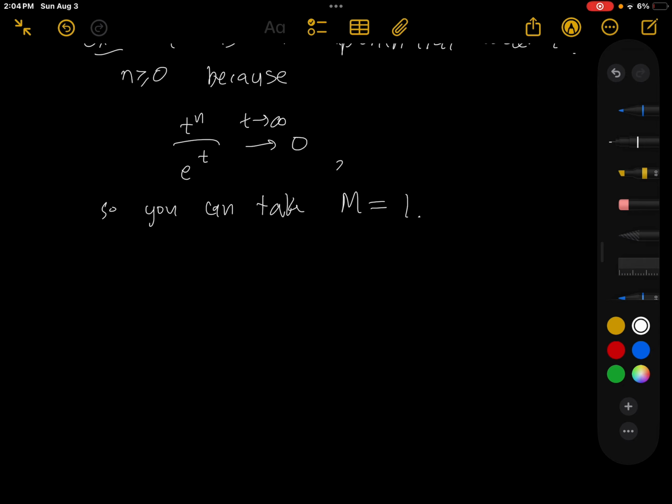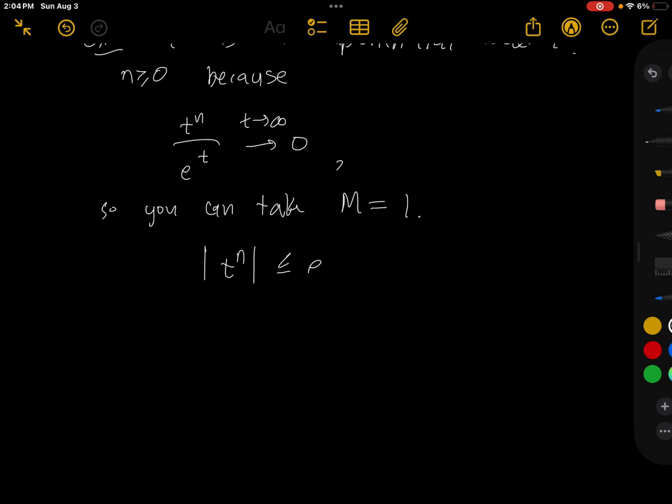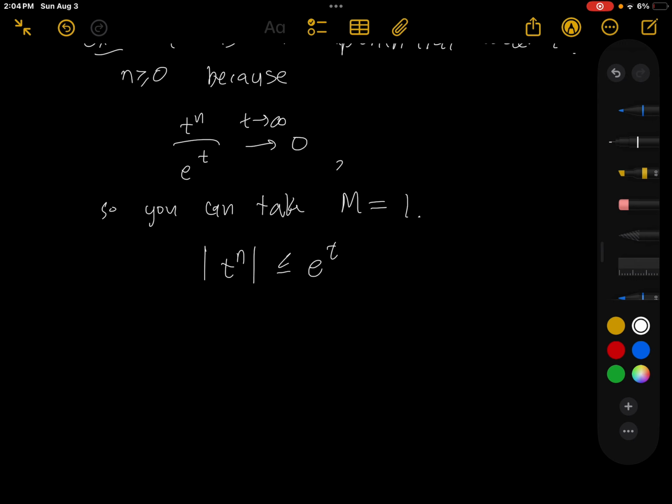Okay, so let's just clarify. If you take m to be 1, then is it true that the absolute value of f of t is less than or equal to 1 times e to the t for all t past a certain capital T?